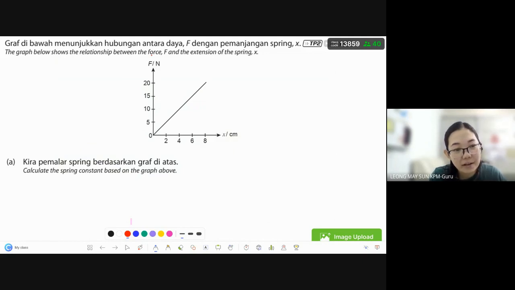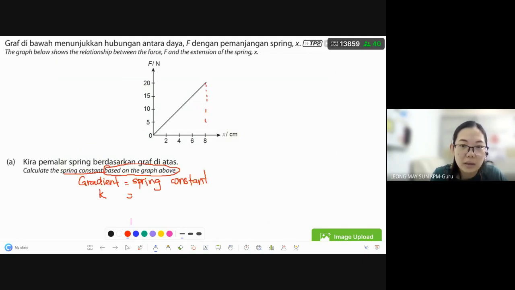So based on the graph above, you want to find the spring constant, meaning the spring constant is the gradient. So you're supposed to write gradient equals the spring constant, because it said based on the graph above. So the spring constant k equals, then you find your positions.